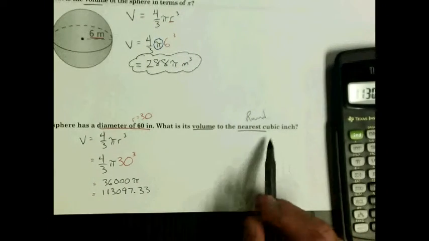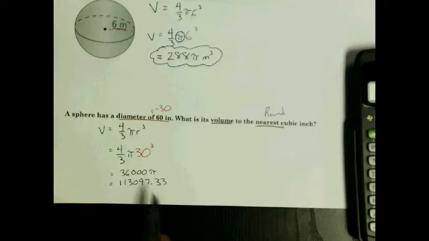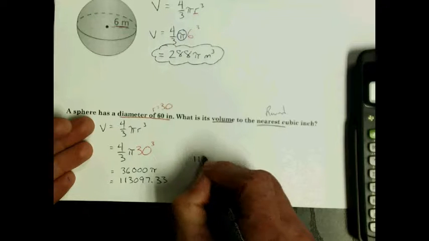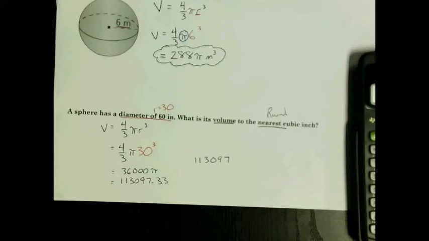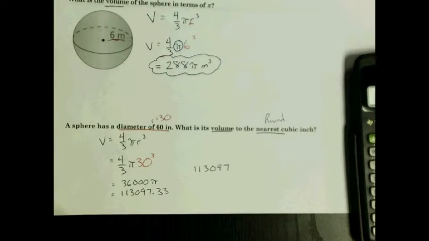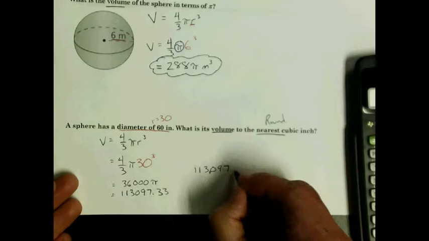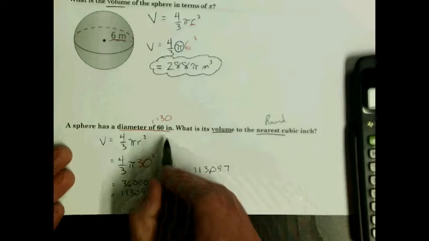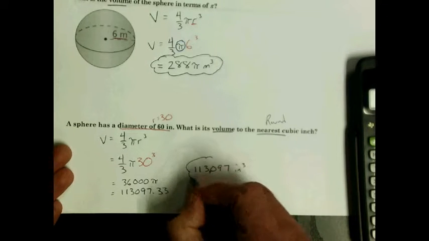Rounded to the nearest cubic inch, that's rounded to the nearest whole number, that gives us our final result, 113,097. And we have to just know where our commas are so we can read this like a grown-up. That's 113,000. Okay, so 113,097, what? Cubic inches, inches to the 3rd power. This is volume.